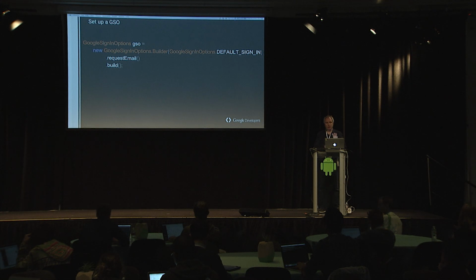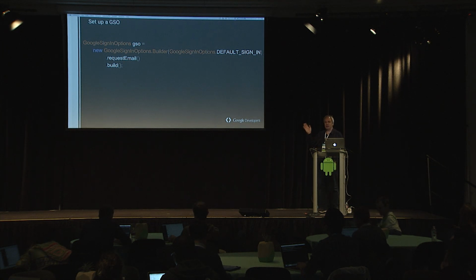You saw that dialogue earlier with the pop-up showing the name and email address. That doesn't require any permissions from the user other than filling in that account picker. If you wanted to access Google Drive or any other things, there will be an additional call on here before the build, and then the user will get the dialogue saying, hey, this app also wants to access Google Drive, etc.